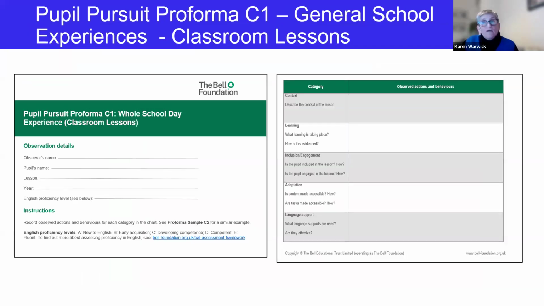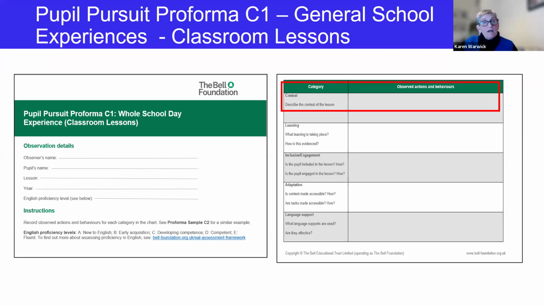And finally, we've got proforma C, which comes in C1 and C2. So C1 is about classroom observations, so that it's a focus on general observation, and there's one for in the classroom and there's one for observations outside the classroom. So we just look at C1 for a moment.